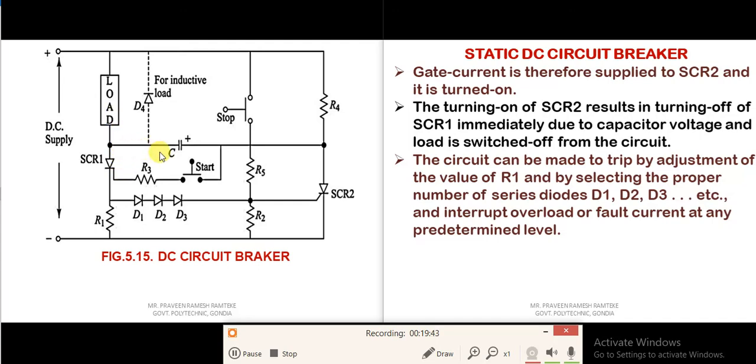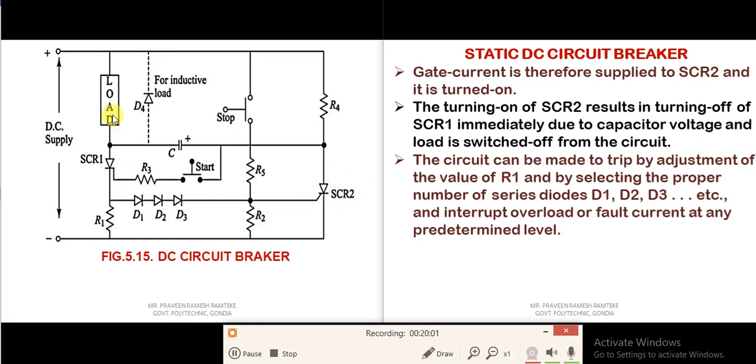Now how does the capacitor get reverse polarity? So first we should understand that to get this reverse polarity, the SCR2 must be turned on. How is the SCR2 turned on?